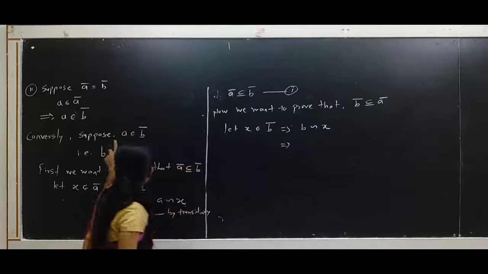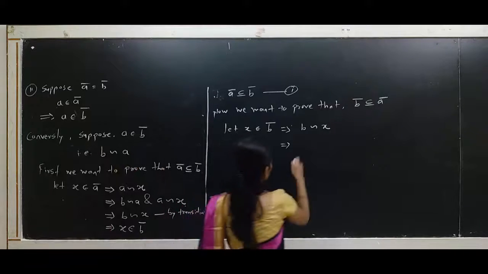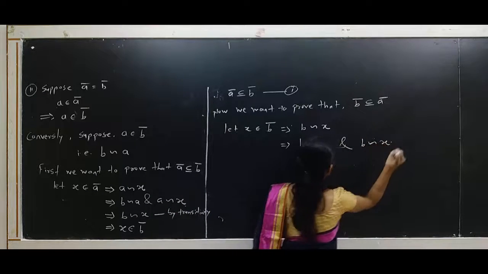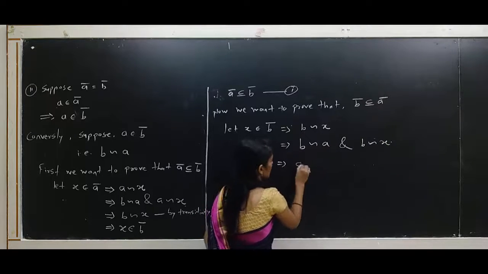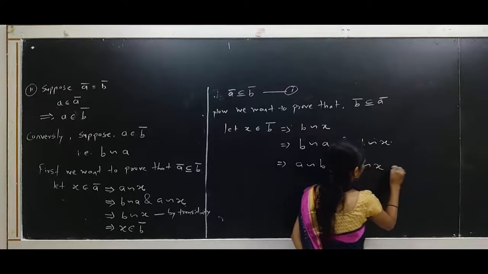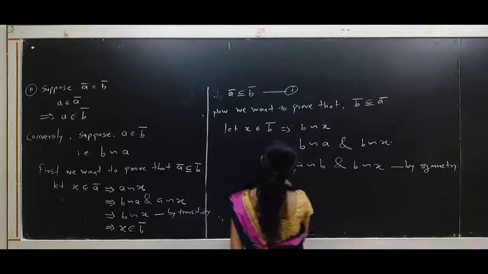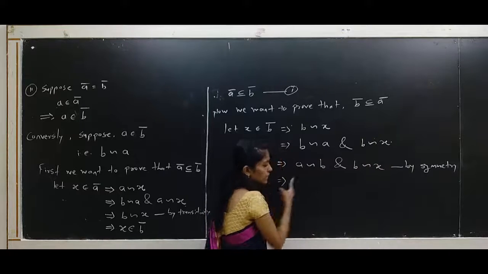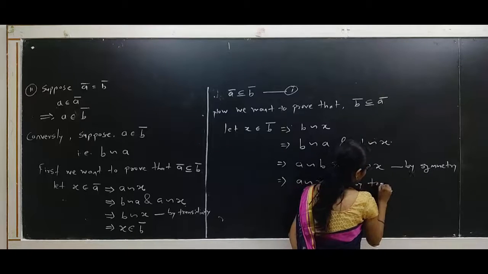Now here we suppose that A belongs to the equivalence class of B, that is B related to A. So B related to A, and here B related to X. B related to A, so by symmetry A related to B. Now here A related to B and B related to X. So by transitivity A related to X.